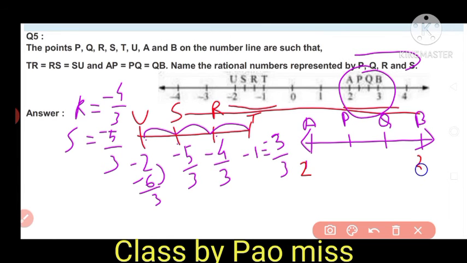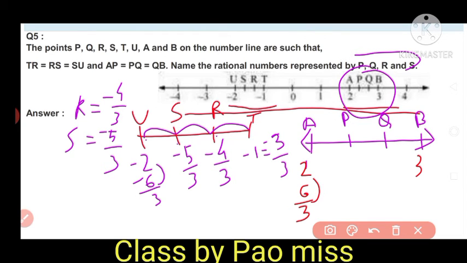Now here 3. Between 2 and 3 also there are 3 parts. Means all the fractions are of 3 only. The denominator will be 3 and they are divided into 3 parts. Now 2 can be written with 3 as denominator. What will be the value? 6 upon 3, which is again equal to 2, isn't it?